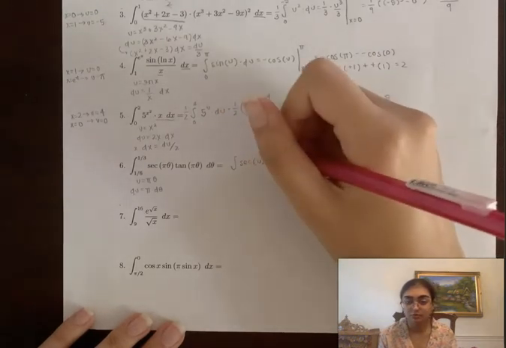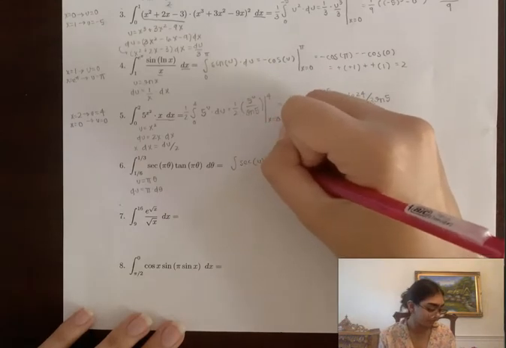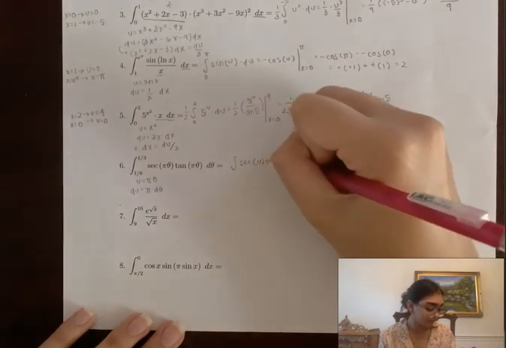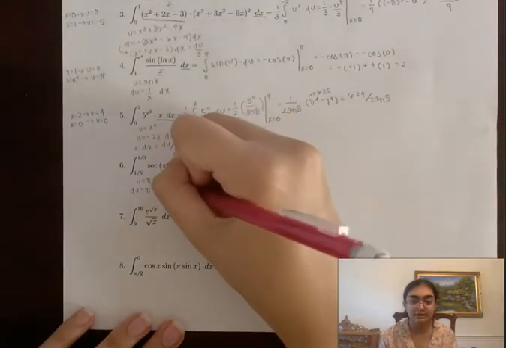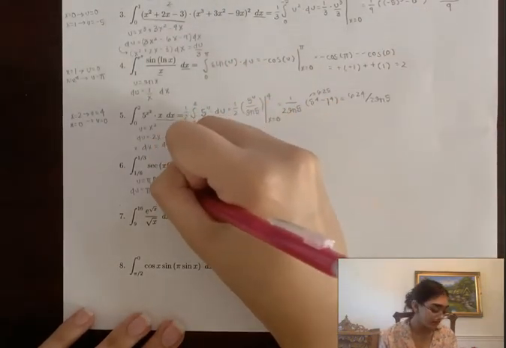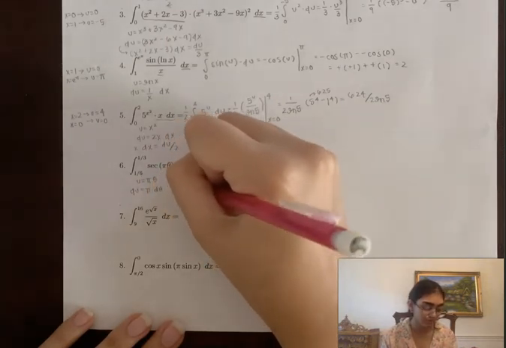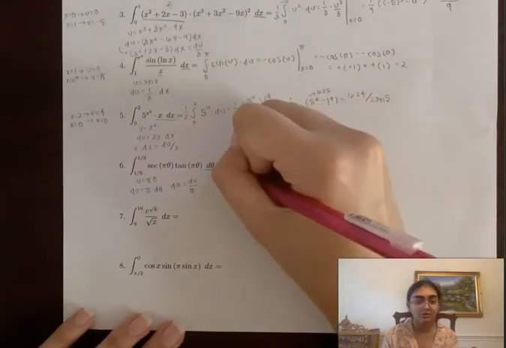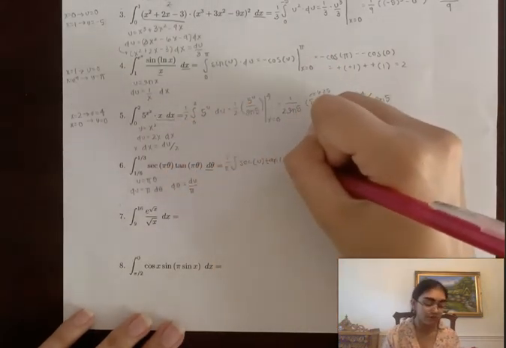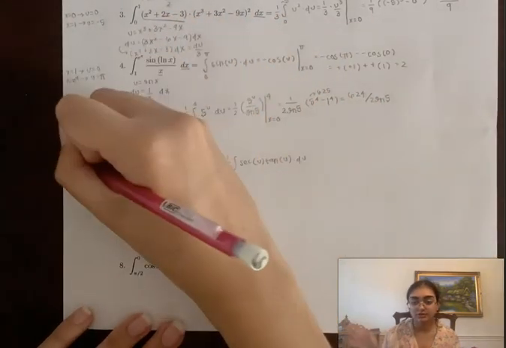secant u tan u, and then we're actually going to isolate our d theta from our du equation to get d theta equals du over pi, which is why there's going to be a 1 over pi in front of our integral, and then we're going to just replace the rest of it with du.